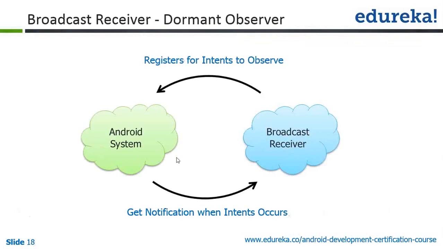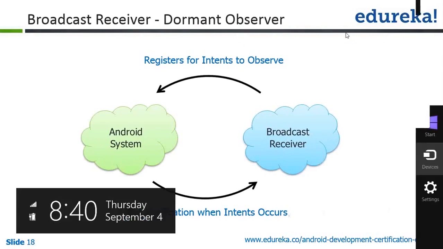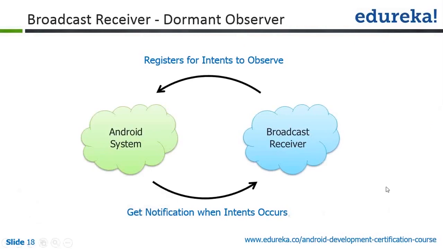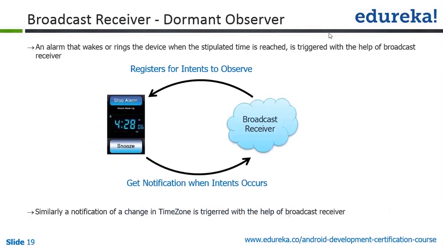So what happens is, first of all, I need to register my intents to observe for a broadcast. As soon as the observer gets the observance done, it gets a notification when the intent occurs. An example: an alarm that wakes up or rings the device when the stipulated time is reached is triggered with the help of a broadcast receiver.